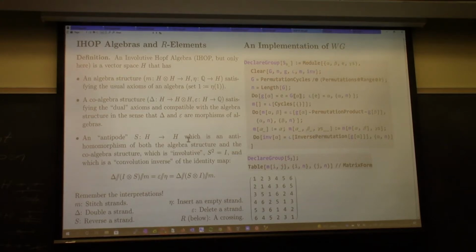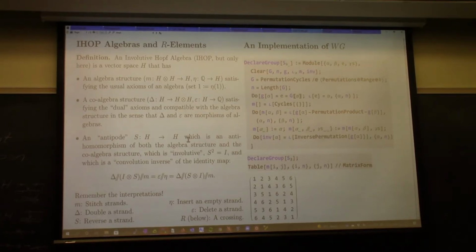Again, it makes sense. The co-algebra structure satisfies dual axioms, so co-associativity. Again, if you double a strand and then double again, it doesn't matter which of the two daughter strands you double in the second stage, because in both cases you get a triple of strands.